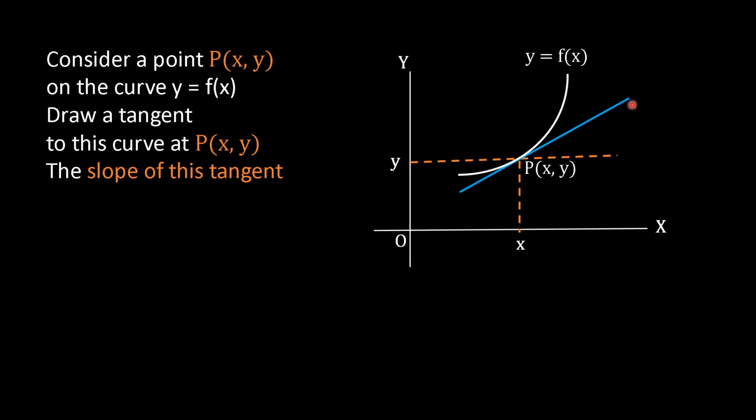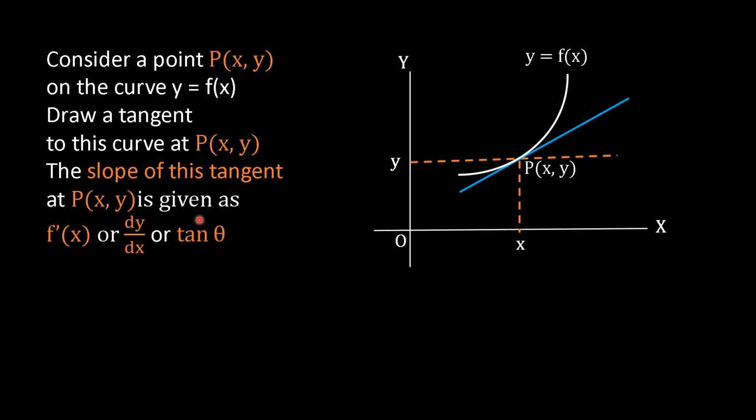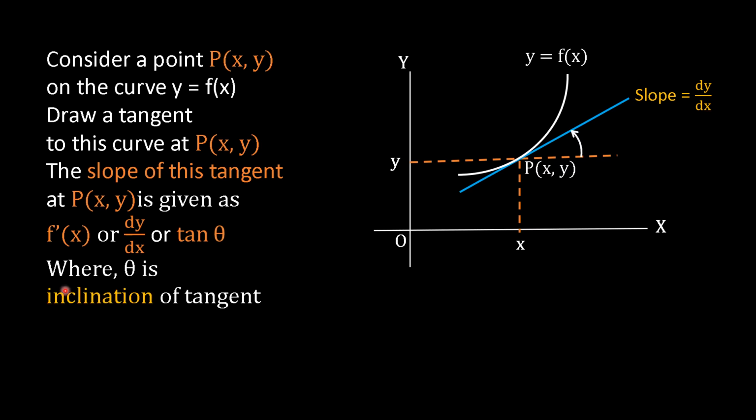So this is the tangent drawn to this curve at point P(x,y). The slope of this tangent at P(x,y) is given as f dash x or dy by dx or tan theta. So slope of this tangent is dy by dx. Here theta is inclination of the tangent, that is the angle made by this tangent with the positive x-axis.